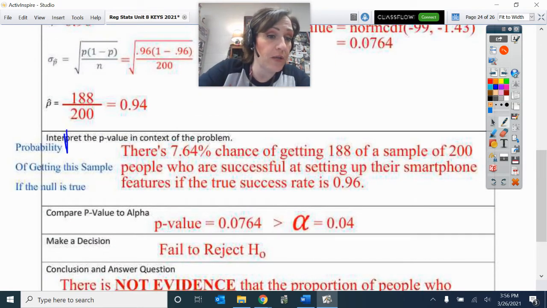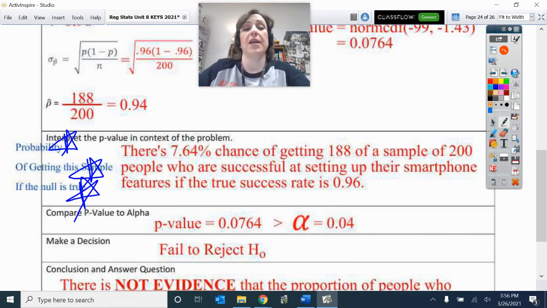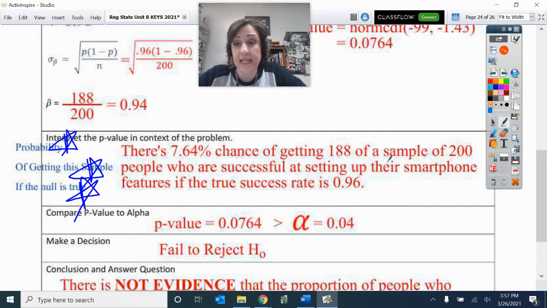Remember, these are the three parts that we are going to be checking. So there's a 7.64% chance of getting 188 of a sample of 200 people who are successful at setting up their smartphones if the true success rate is 0.96. All right, next.